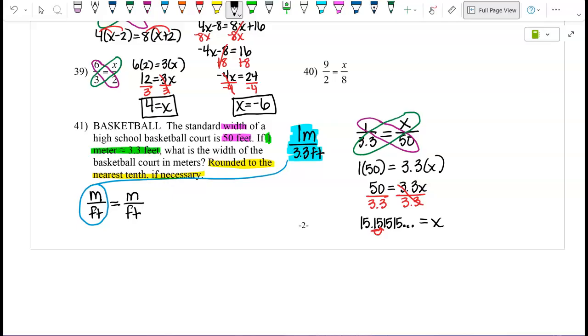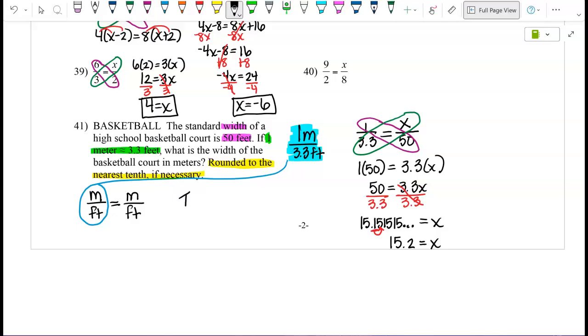Yeah, anything 5 and above tells us we're going to bump up. So this would round to 15.2 equals x. But they didn't ask me to solve for x. They asked me what is the width of the basketball court in meters. So my answer, I need to say all of that. I can't just say x is 15.2.